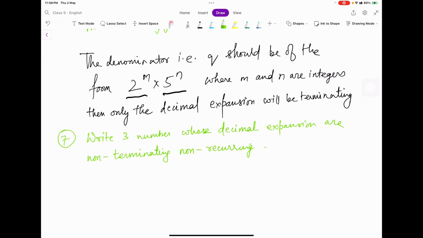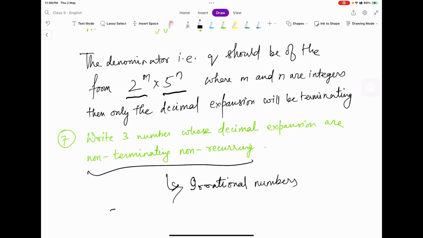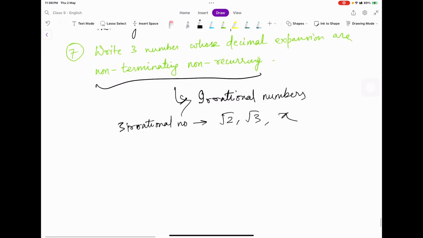See, the decimal expansion is non-terminating, non-recurring. This means you have to write irrational numbers. 3 irrational numbers: root 2, root 3, pi. Okay, done.